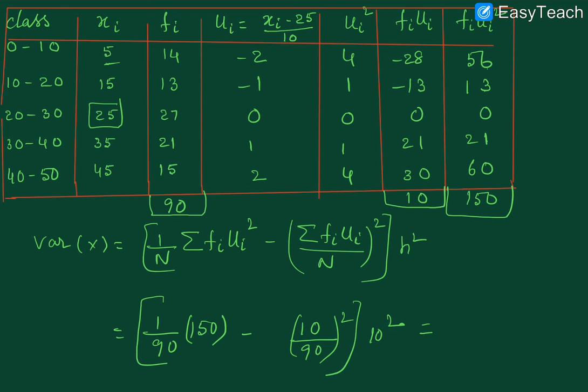So now this simplification you will get the variance is equal to nearly 165.4. Therefore standard deviation is equal to square root of 165.4. So this is the way of calculation of variance and standard deviation for a discrete frequency distribution, and this is continuous frequency distribution. Okay, bye bye.